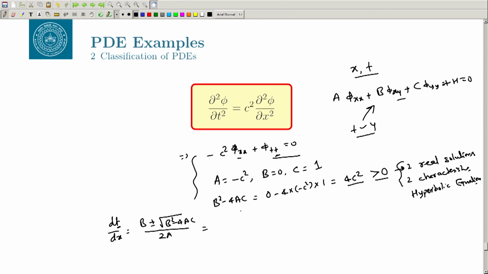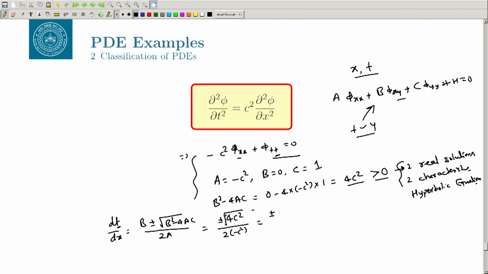So, b is 0 and this is plus minus square root of b square minus 4ac, which we have already obtained as 4c square. Okay, so just write like that. This is square root of 4c square by 2 into minus c square, right.